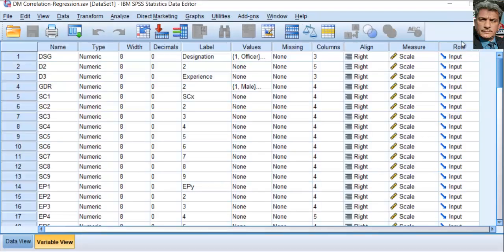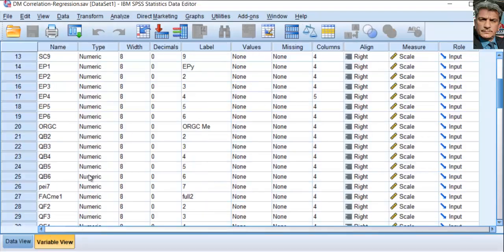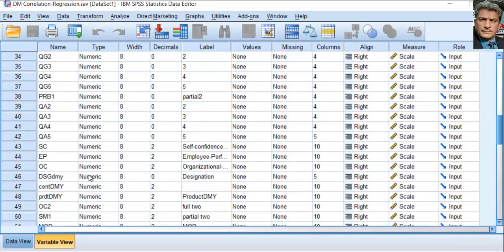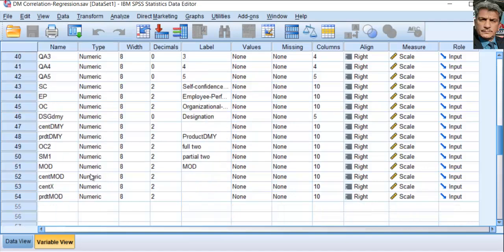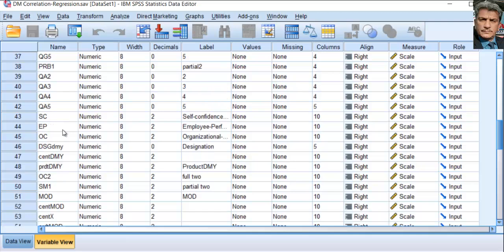The example we have used and discussed in the beginning of this video: we have self-confidence as the predictor, organizational culture as the second predictor, and designation as the third predictor, while employee performance is the test variable or the dependent variable.